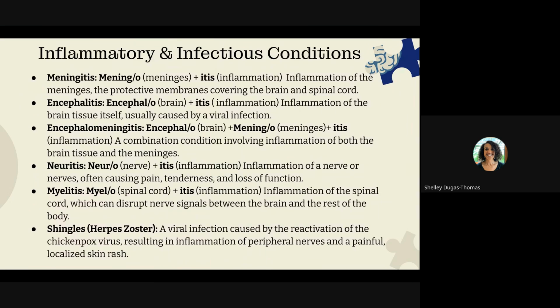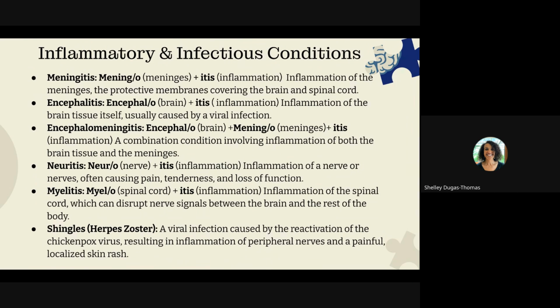Whenever you see the suffix itis, you want to think inflammation or infection. Let's look at how this is used. Meningitis is meninges plus itis, so it's an inflammation of the meninges. Encephalitis is encephalo, brain, plus itis, inflammation, so it's an inflammation of the brain tissue.